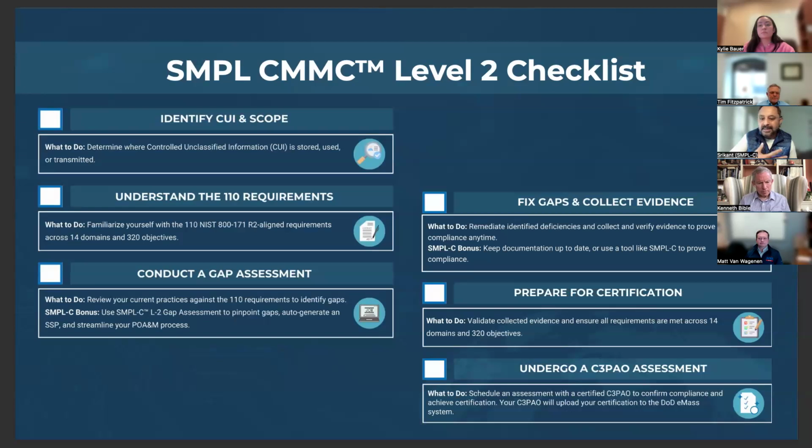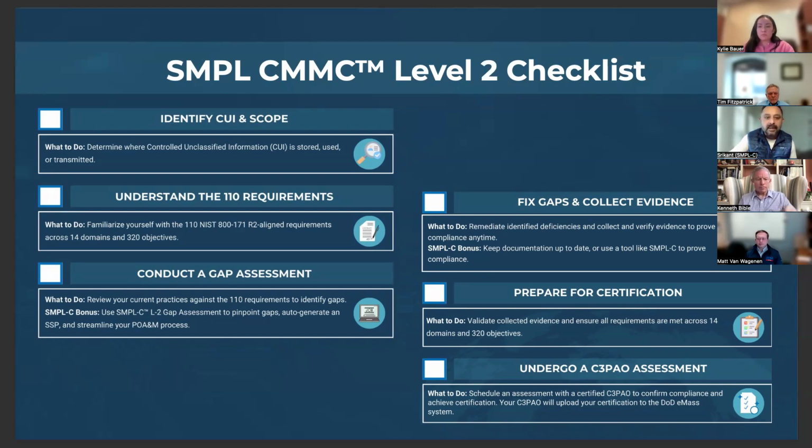Yeah, so it has a similar thought process as to how you can do it, but the amount of time it takes to do 15 versus 110 requirements, the scale of operations is pretty high. And one major thing to identify here is that for level 2, you need to really know what CUI you're actually handling, and there are different categorizations of that.